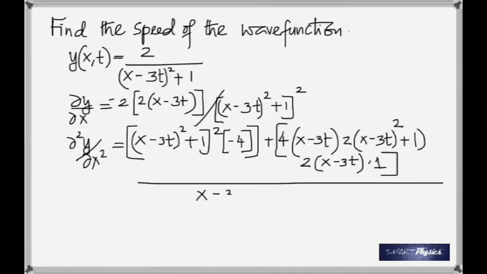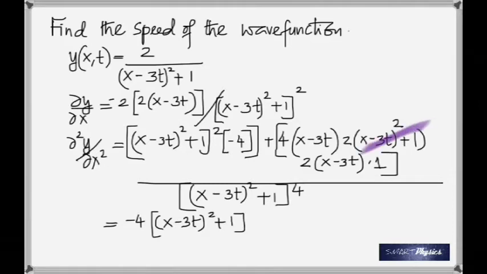So the denominator will be whole raised to 2, which in this case is raised to 4 because the denominator is already raised to 2. And then, see, one of the terms there gets cancelled with the denominator, and therefore the denominator becomes whole cube.